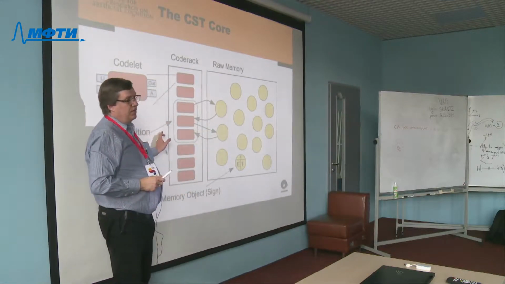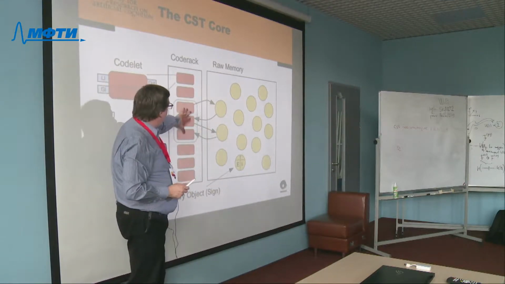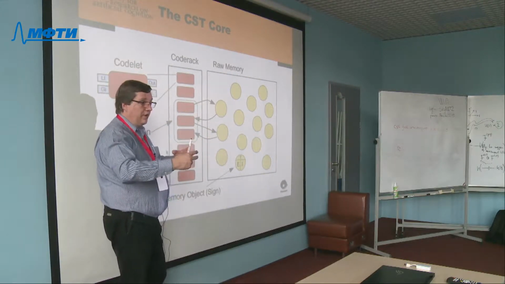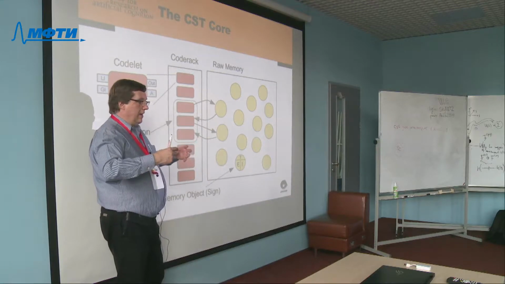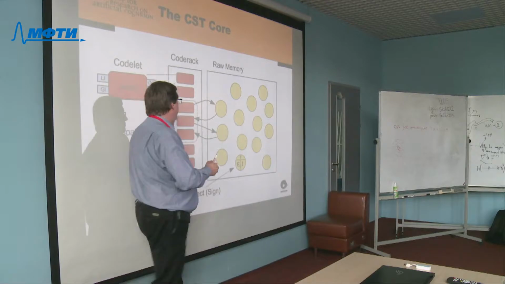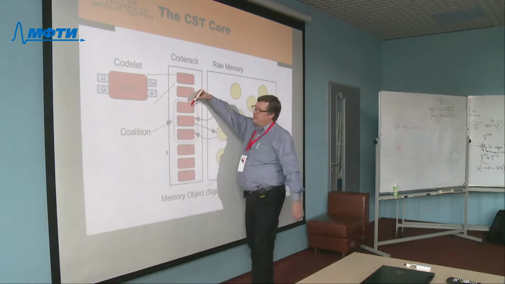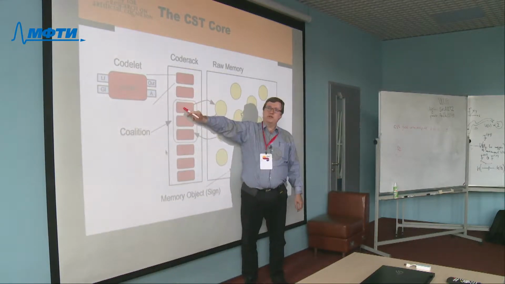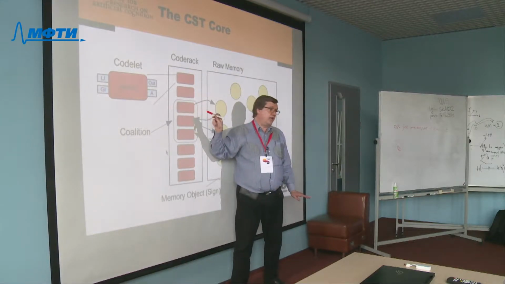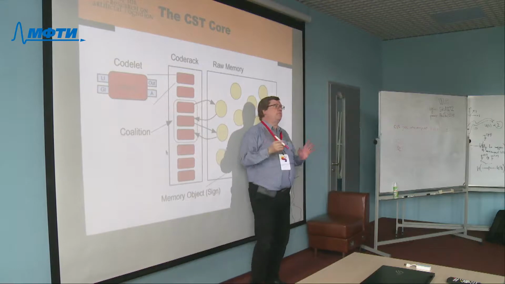coalitions. This means that these three codelets, in some sense, cooperate with each other in order for a possible behavior to come out. In this case, we can imagine that this first codelet, which doesn't have any input object, is collecting something from the real world.